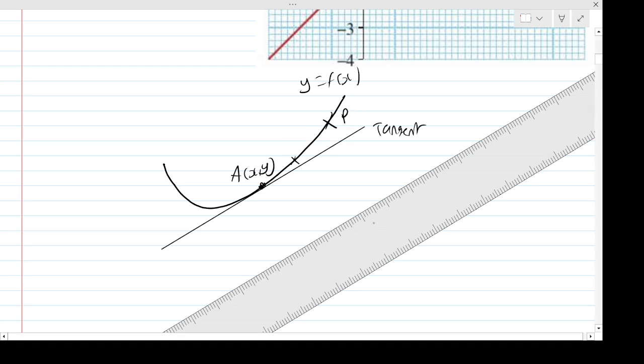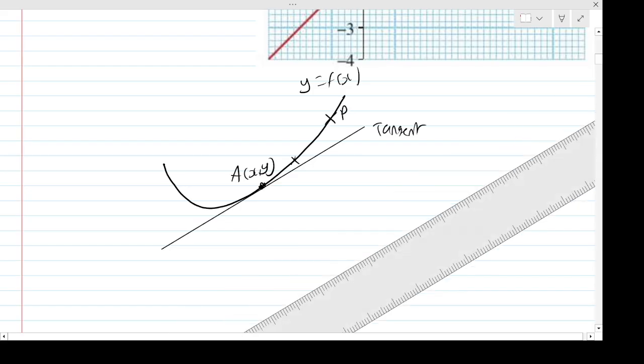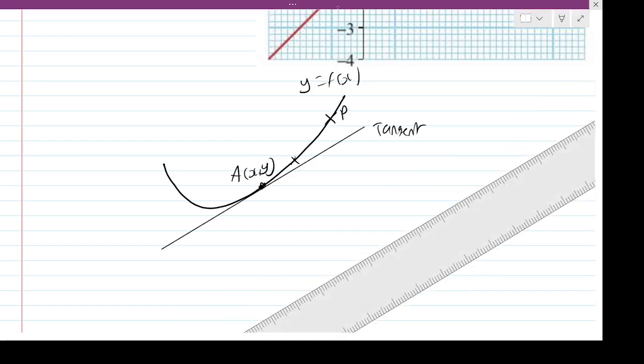Now, for the coordinate of P, I'm going to use this idea of h again. At A, it's not x, y, but x, f of x, because y is equal to f of x. Hopefully you're with me so far.